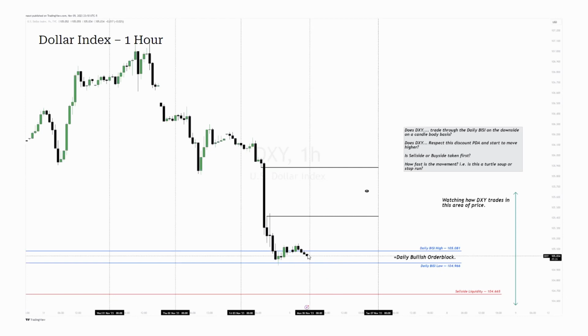Or does it respect these coupled PD arrays, the daily bullish order block and the imbalance, and we start moving higher quickly, trading through this range here as a low resistance liquidity run higher, taking out this buy side here? A big thing is the speed at which price is trading. Is it really meandering down, like high resistance, or is it really quick? And do we run sell side or buy side first?